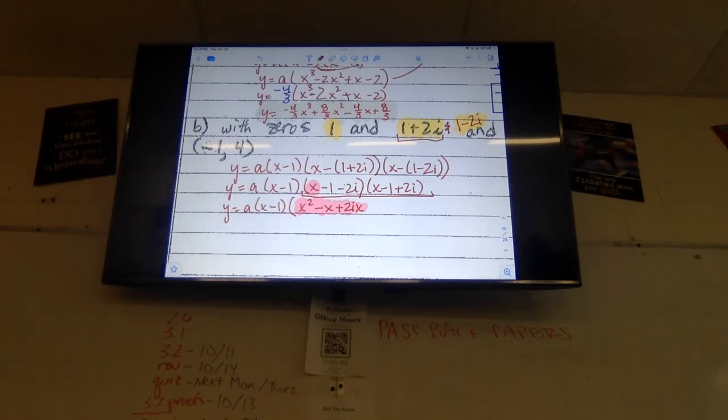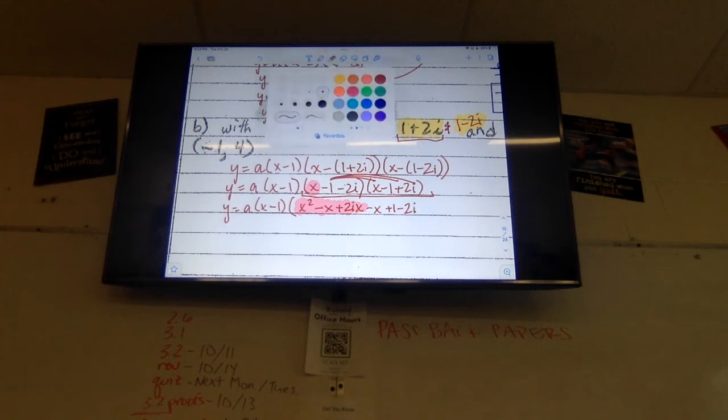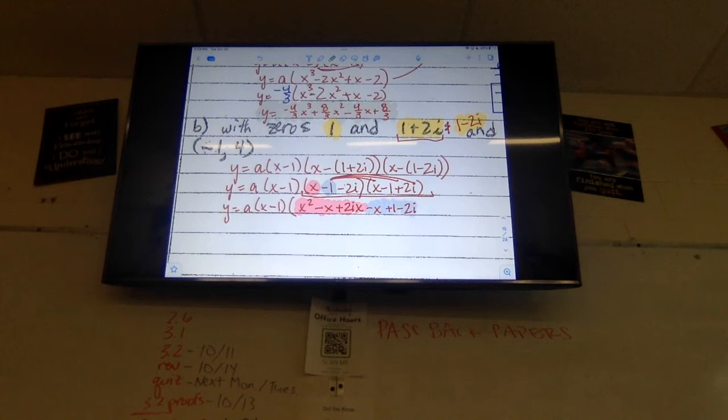Now I'm going to multiply everything times -1. So -1 times x is minus x. -1 times 1 is positive 1, and then -1 times 2i is minus 2i. So that's what I got by multiplying everything times -1.